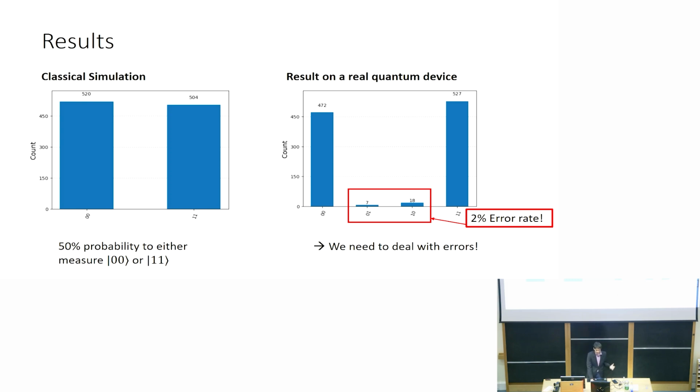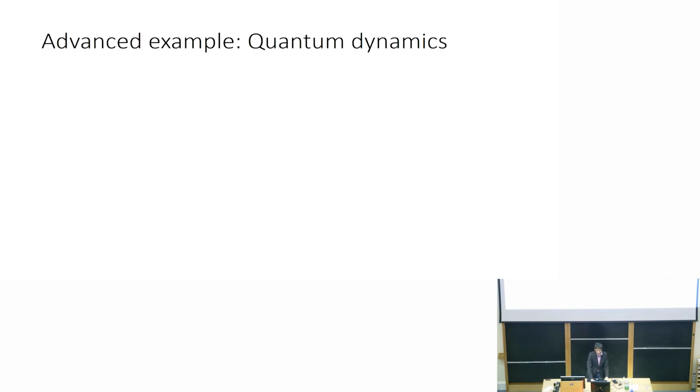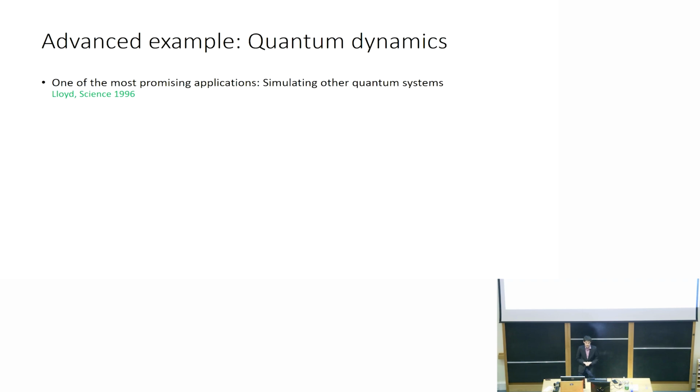As mentioned, this was a very simplistic example. Now I want to show you something which is more connected to the real world, at least from a theorist's perspective. This is basically dealing with quantum dynamics, which is one of the most promising applications. Basically, use a quantum computer to simulate other quantum systems.